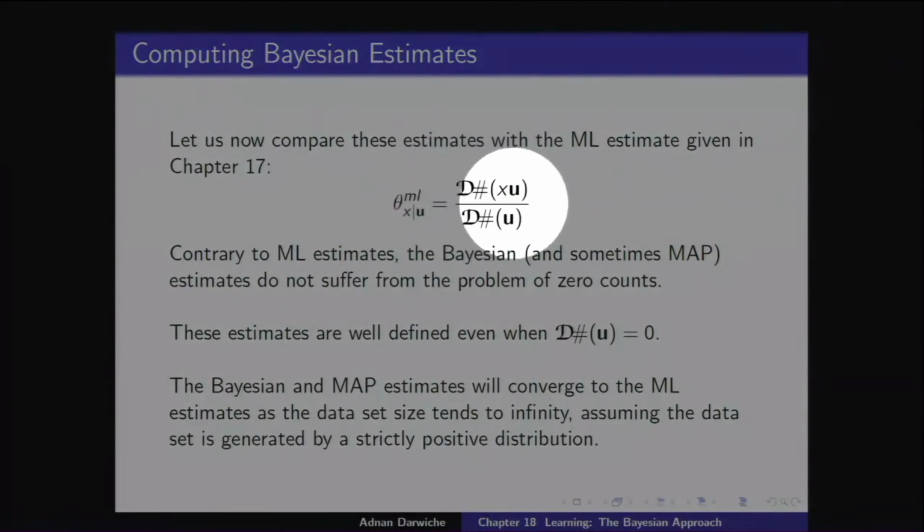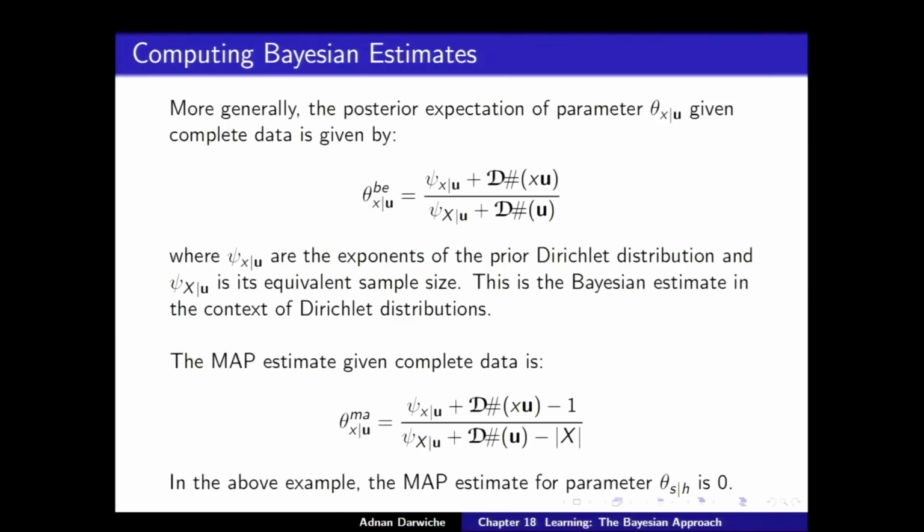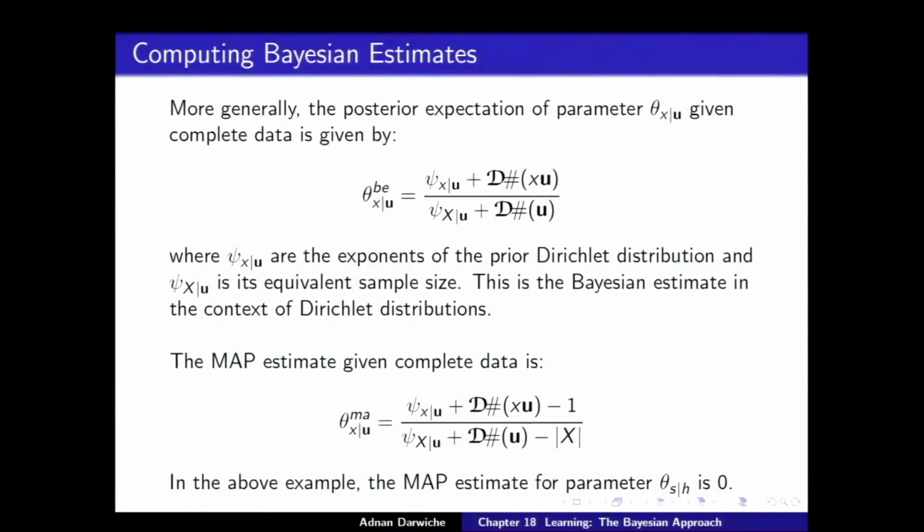These were the maximum likelihood estimates under complete data from chapter 17. So now I want you to look at this guy, and this guy, which does the MAP, and this guy, which does the Bayesian. We're going to make now a number of observations that help you see the difference between them.